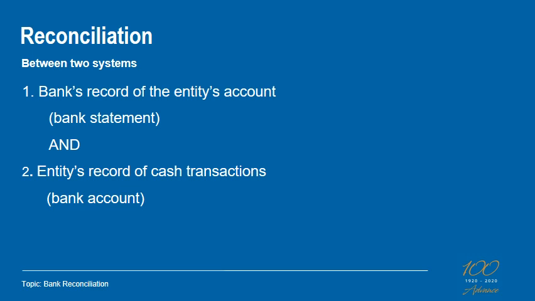Therefore, they will send us a bank statement to show what transactions they have recorded with regards to cash that was deposited and cash that was paid out of the bank account. We also have our own records in our own entity. Therefore, those cash receipts and cash payments will be summarized in our bank account according to the general ledger.